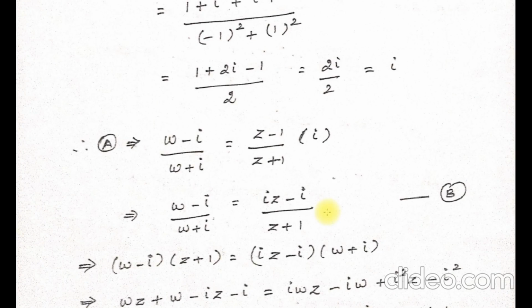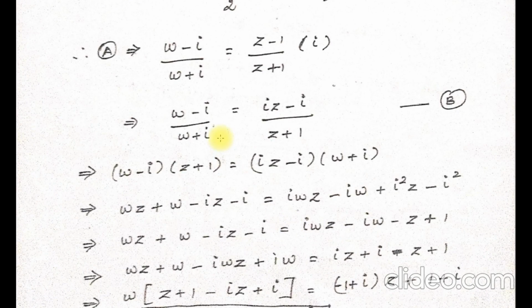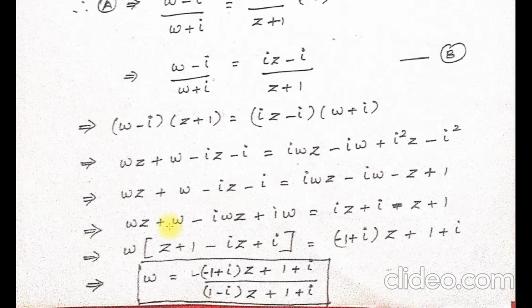Keep in mind, our aim is to find the value of w, right? So here I am multiplying i inside, so iz minus i by z plus 1. Then the steps are very simple. We are just cross multiplying: (w minus i)(z plus 1) equals (iz minus i)(w plus i).